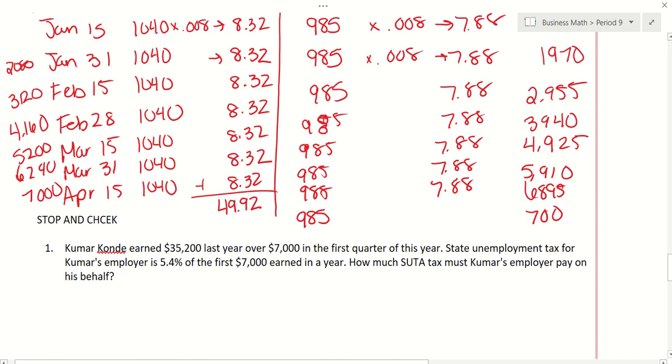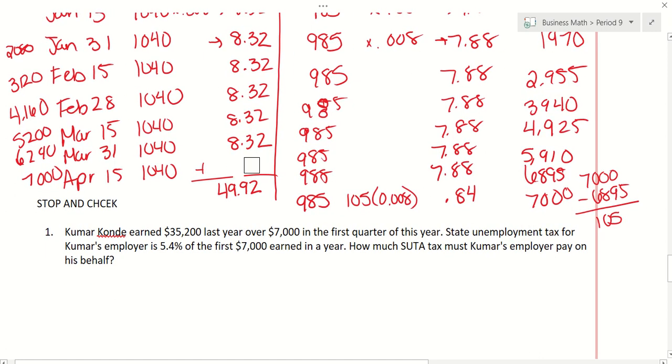Right now they're at 6,895. So 7,000 minus 6,895 gives you a difference of 105. That is all that you're actually technically multiplying by the 0.008. So what is the tax for that very last paycheck? It's only 84 cents.